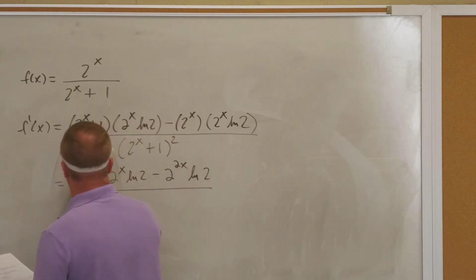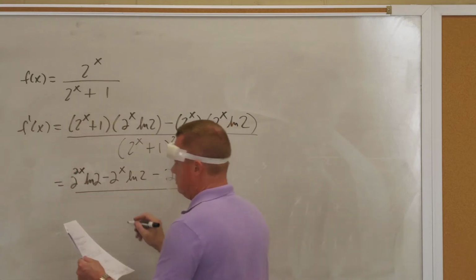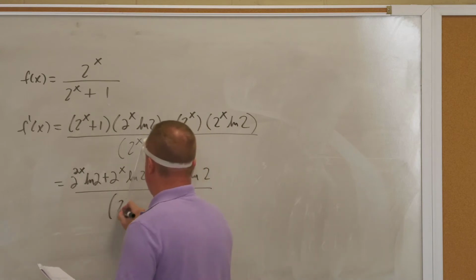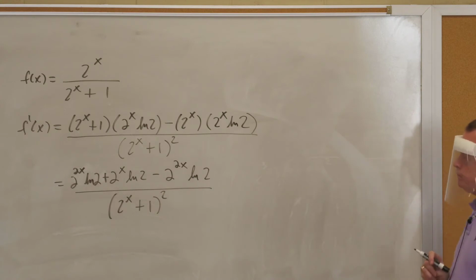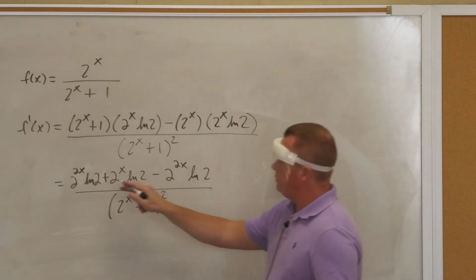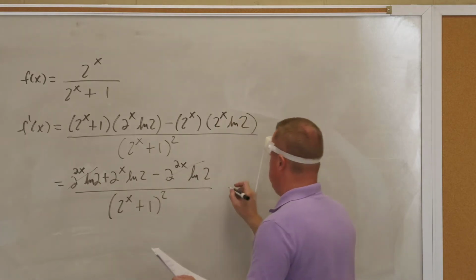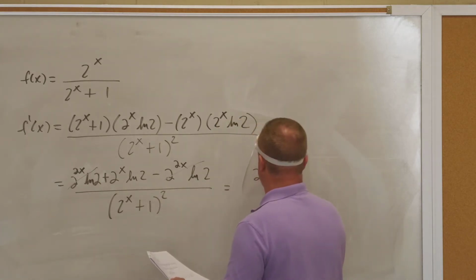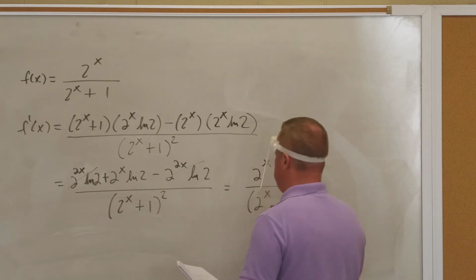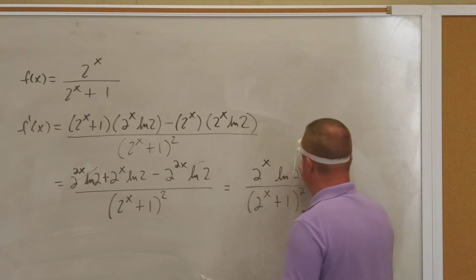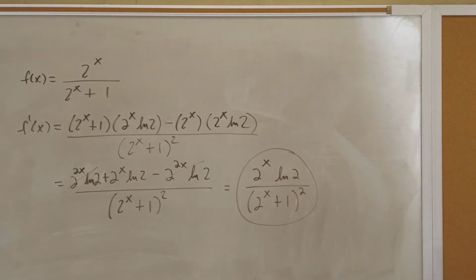At the beginning it's 2 to the x ln 2. All right, and then the bottom is the same. So that's what you should get on the top there. And then you'll notice that this one and that one will subtract off. So I just have for the answer 2 to the x ln 2 over 2 to the x plus 1 squared. Any questions about that one?